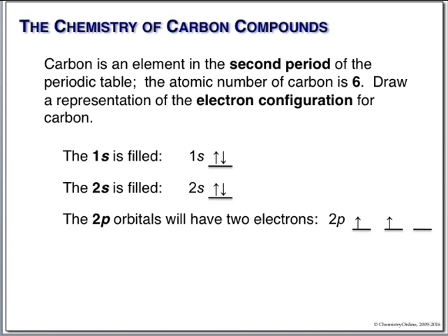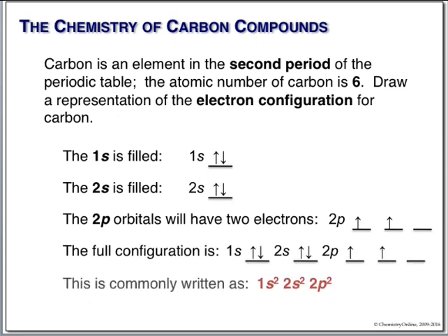Now, as you look at this, you might think that, well, gee, how does carbon make its 4 bonds? Well, in order to make 4 equivalent bonds in carbon, we have to take one of these s electrons and promote it from the s orbital up to this empty p orbital.